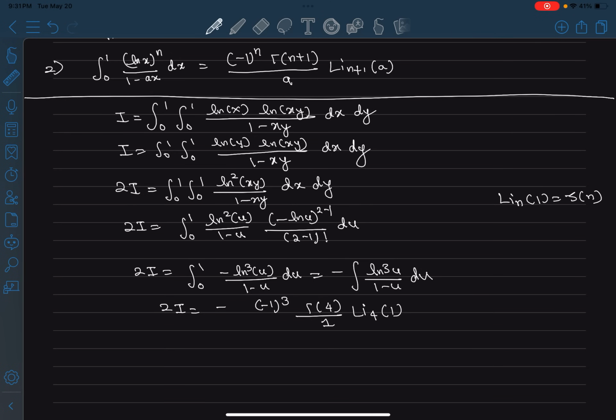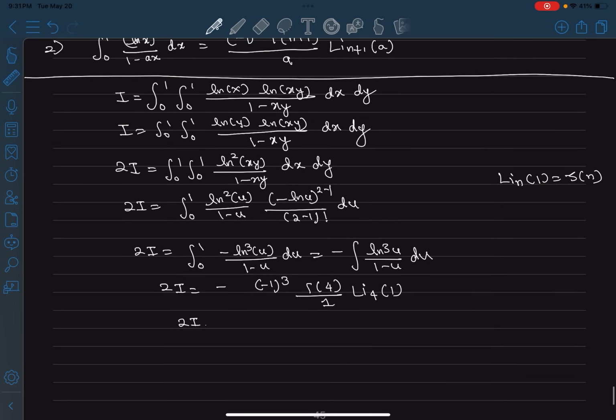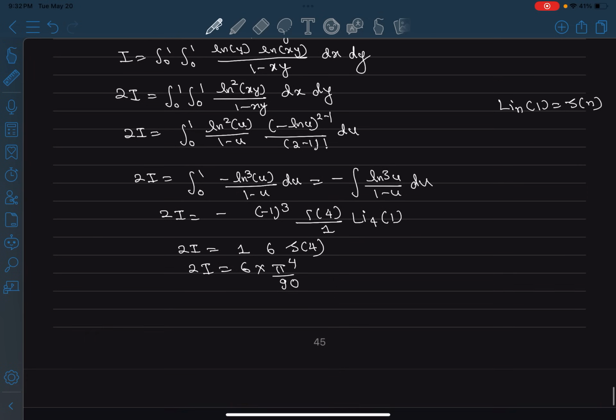So we get 2I equals negative 1 times negative 1, which is just 1, and then gamma of 4 is 3 factorial, which is 6, and then Li_4 of 1 is zeta of 4, and zeta of 4 is pi to the power 4 divided by 90. So 2I equals pi to the power 4 divided by 15, and then I equals pi to the power 4 divided by 30, and we get the answer.